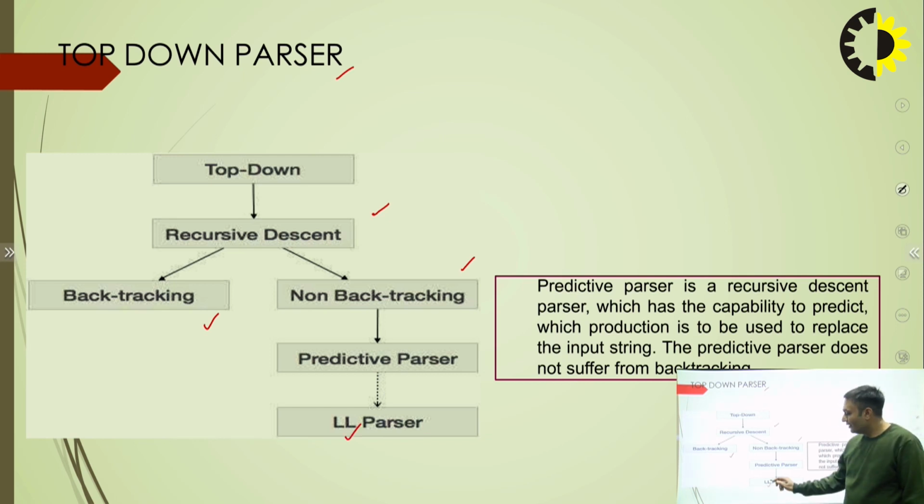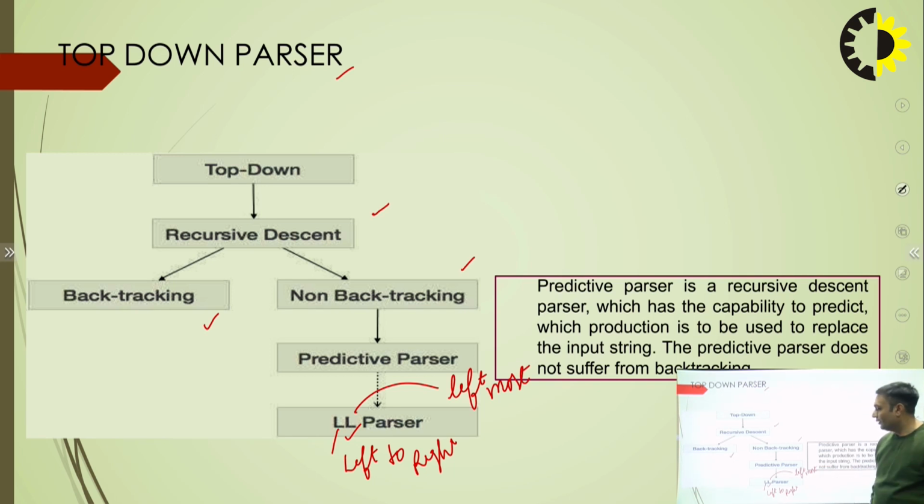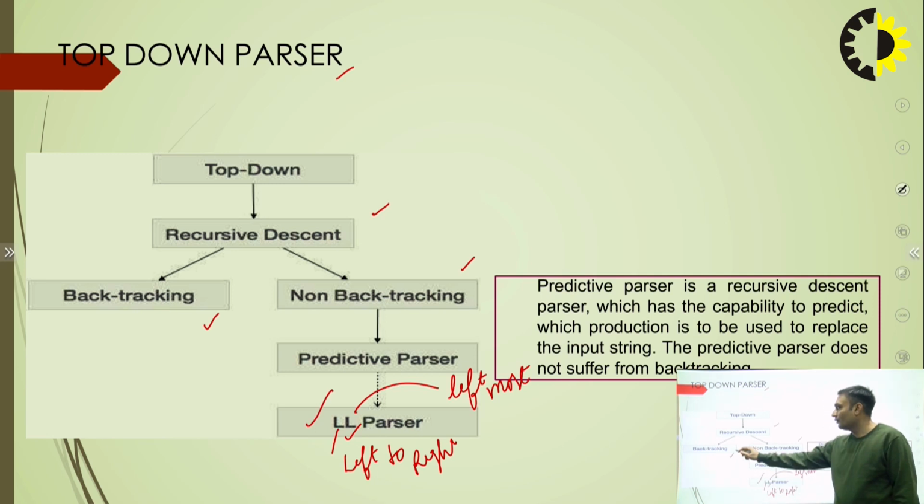Here the first L is left to right, and the next L is leftmost. So left to right, leftmost derivation is the full form of this LL parser. In this lecture we will cover this topic, not backtracking and other parsers.